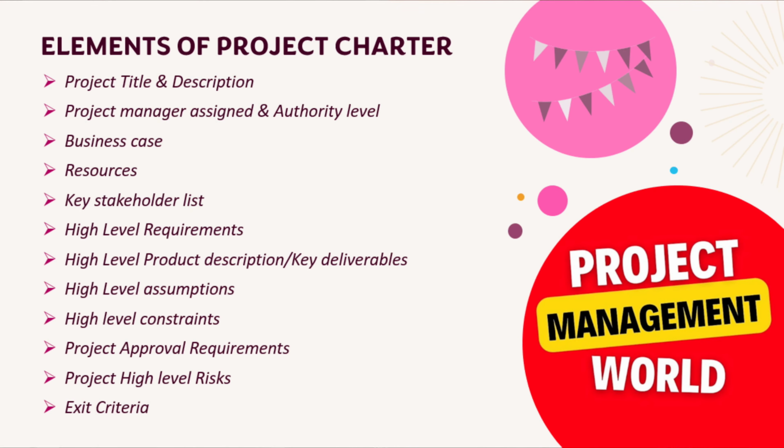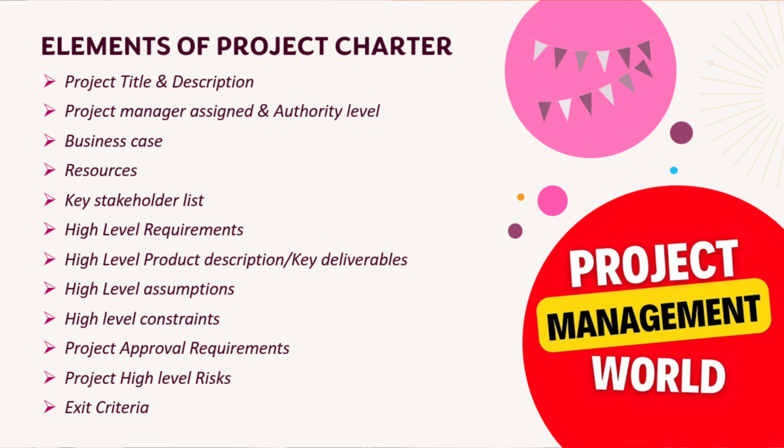Now the main thing is the elements of a project charter. So let's go for that. If you see my screen, these are the elements which I have listed. First would be the project title and description. This is a simple element: we need to highlight the project title and a little description of the project, what we are going to do.